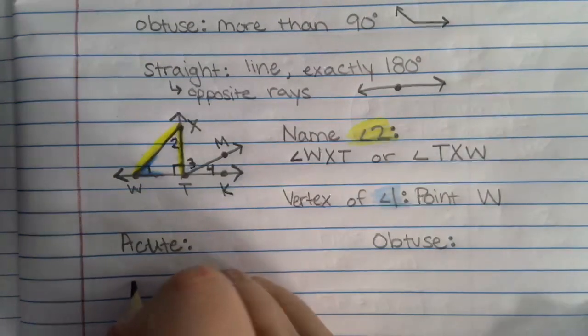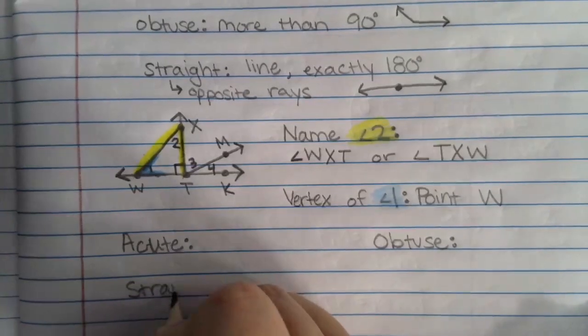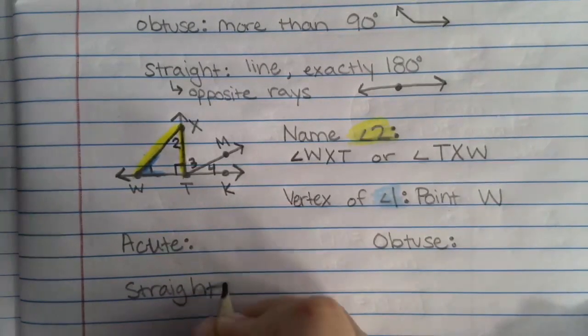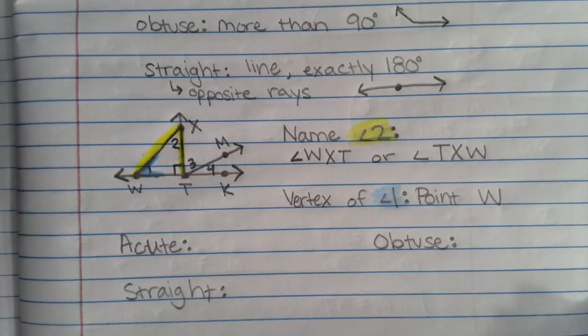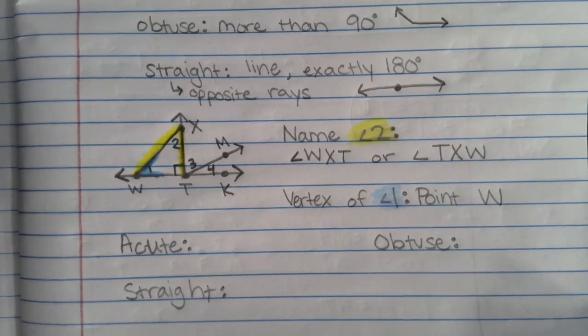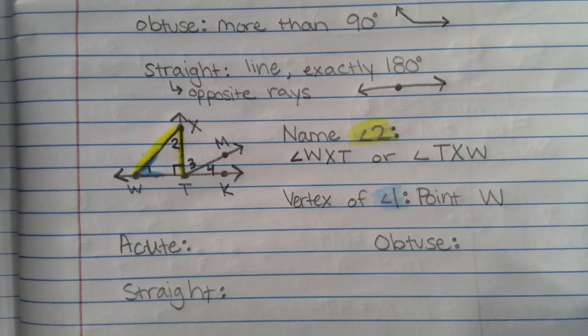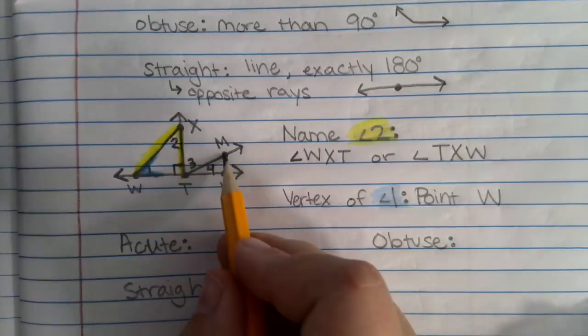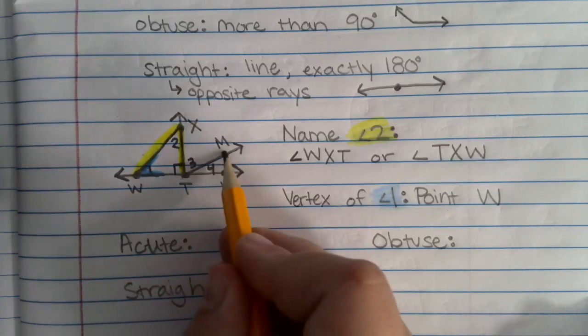Straight would be a good one too. So which angle do you see is smaller than 90 degrees? MTK? Good, MTK.